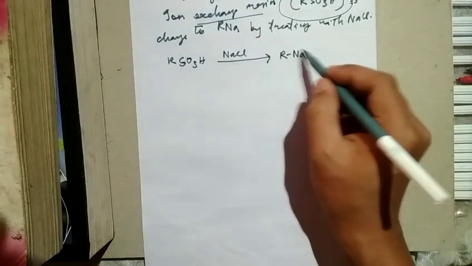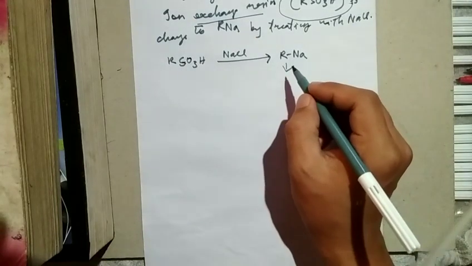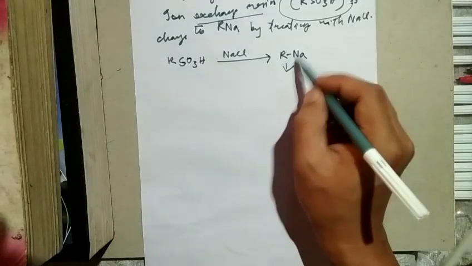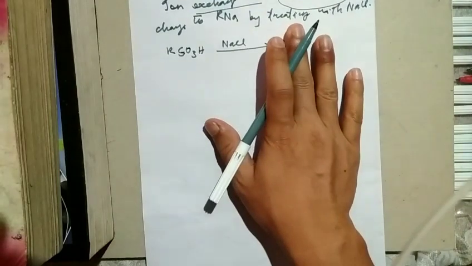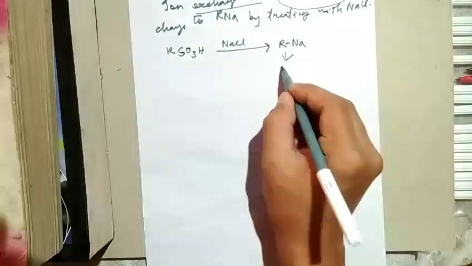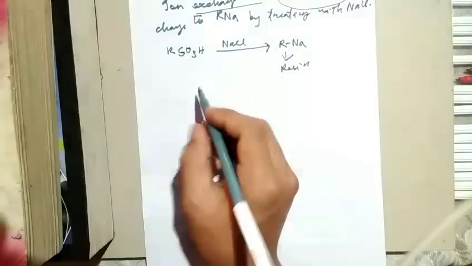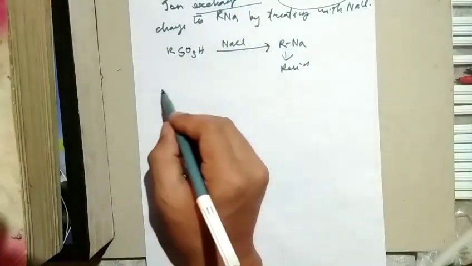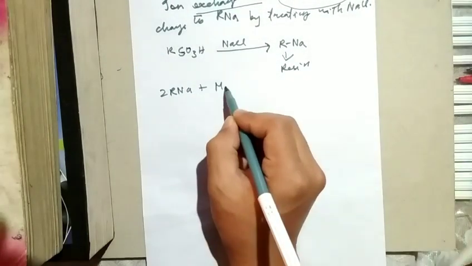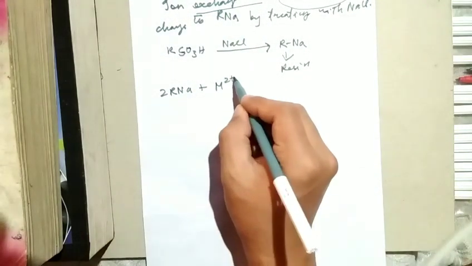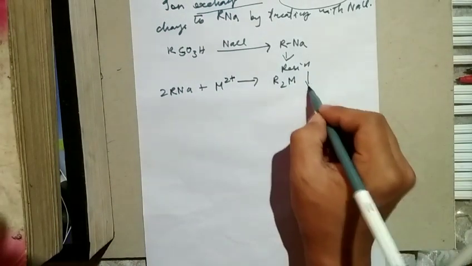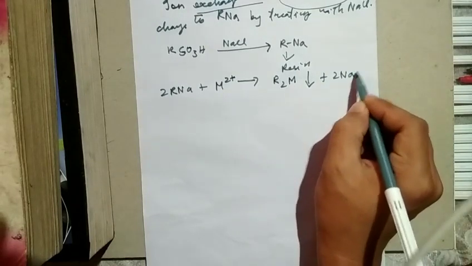So this is the resin. This RNa, 2 moles of RNa, will react with those salts, either calcium or magnesium, to give R2M plus 2Na.